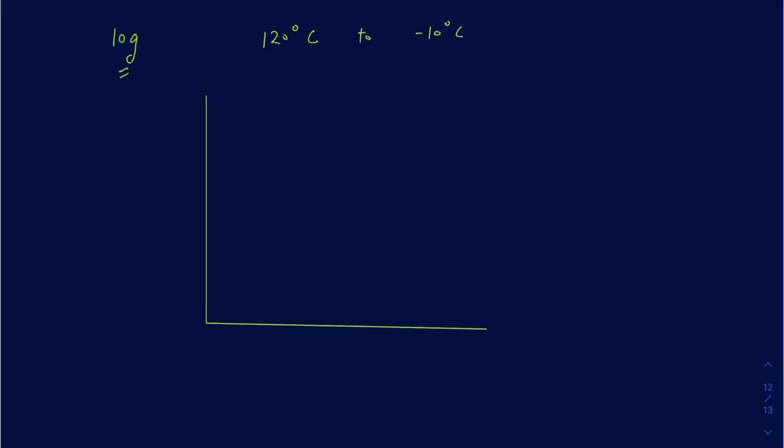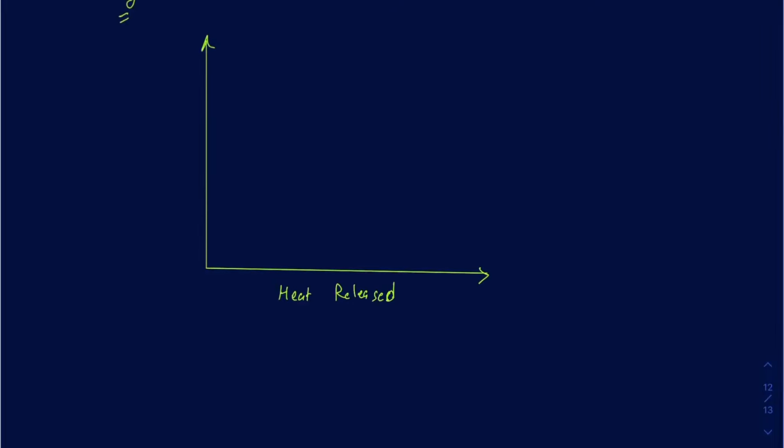You have the x-axis and the y-axis. On the x-axis you will have the heat released, because you're not adding heat now, you're releasing heat, since it's an exothermic process. You'll have temperature on the y-axis. Your starting point is 120 degrees Celsius, then you come down to 100 degrees Celsius.